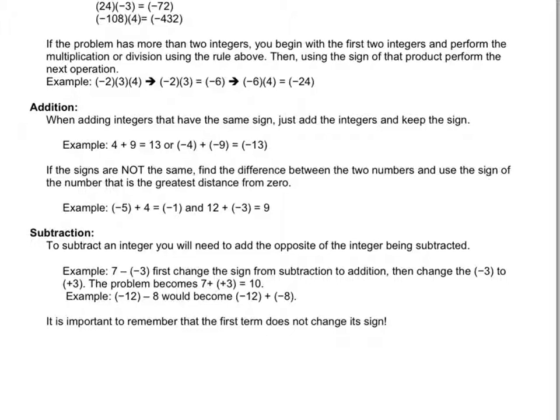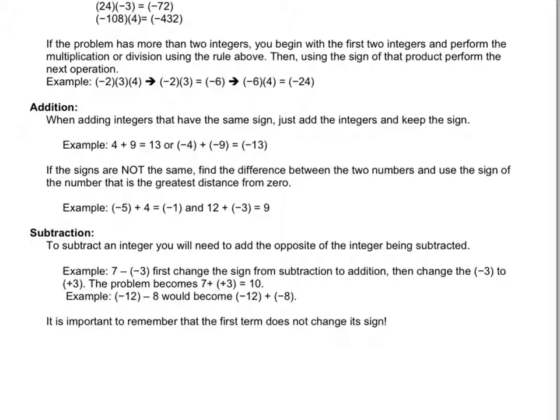So please, please, please. Now, if the signs are not the same, you find the difference, which means you subtract the two numbers and use the sign of the number that is the greatest distance from 0. So you have to understand you're taking the absolute value. Like negative 5 plus 4. Well, those signs are different, so you subtract 4 from 5.